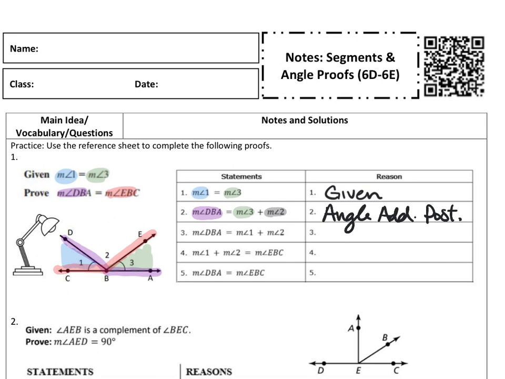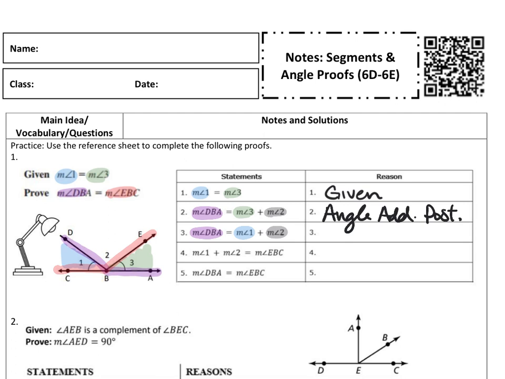Okay, let's look at the next one. The next statement says the measure of angle DBA is equal to the measure of angle 1 and angle 2. Okay, what changed from statement 2 to statement 3? What's the only thing that changed? The numbers right here, yeah, the green and the blue.